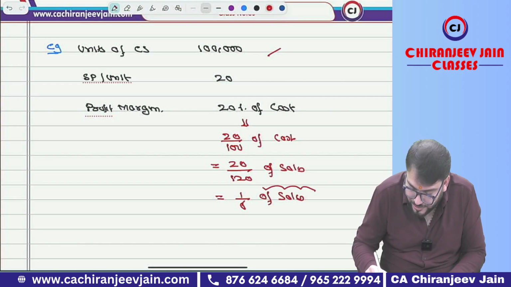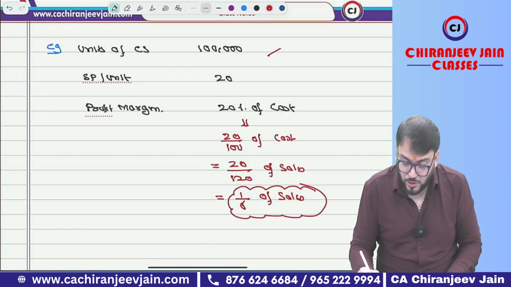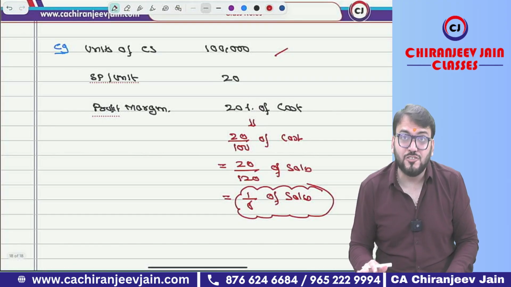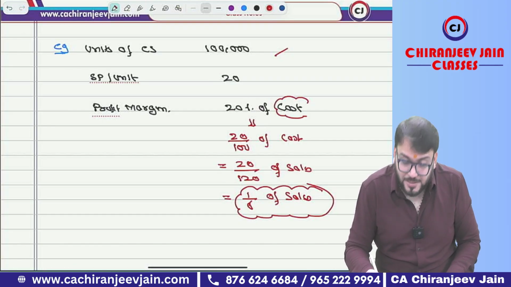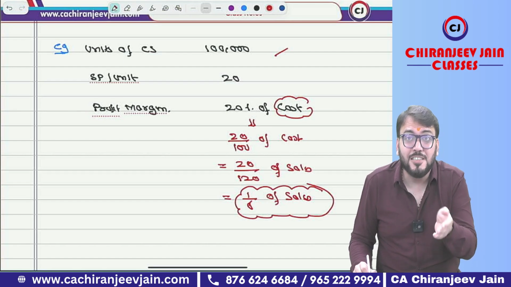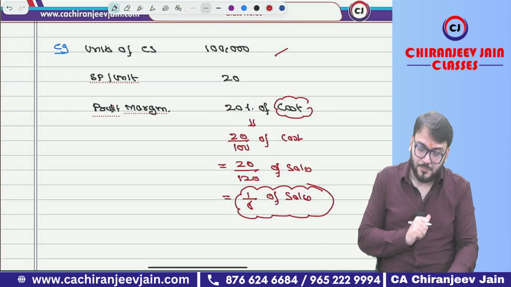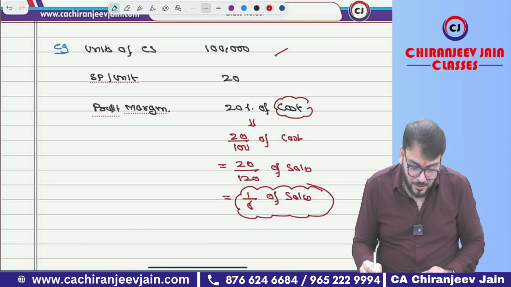So 1 by 6 of sales, or if you multiply by 100, you'll get it in percentage. So 1 by 5 of cost is equal to 1 by 6 of sales. That you need to understand. I have already discussed in my basic concepts how to convert GP margin in terms of cost into GP margin in terms of sales. Got this point?